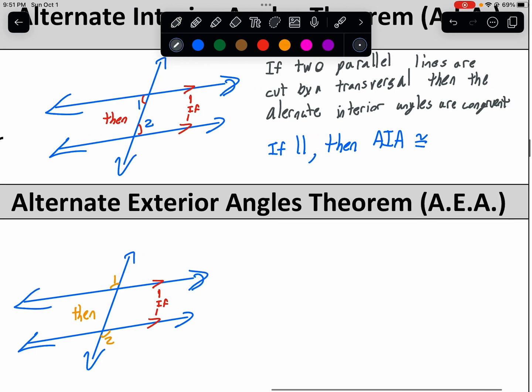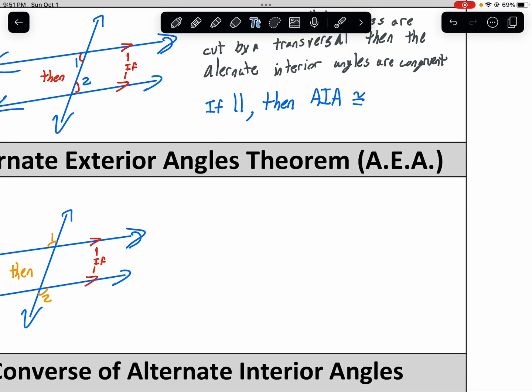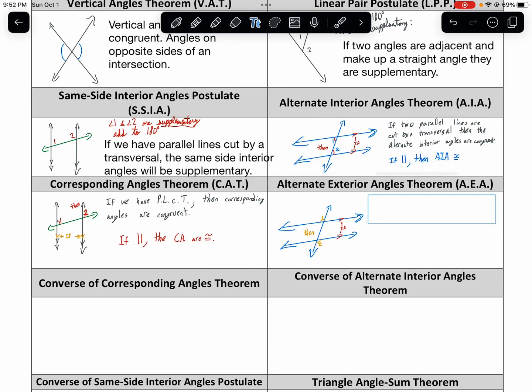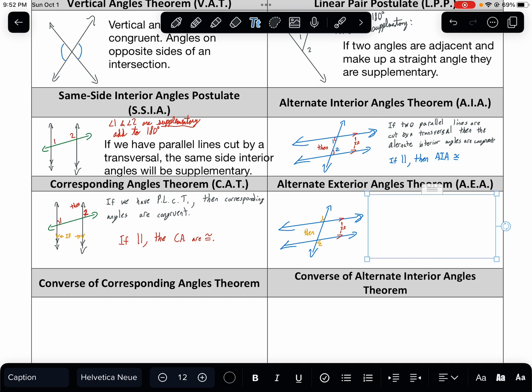Let's go ahead and write out this statement. This time I'm going to type it up. Let's see if I can pull up the typing instrument here. There we go. If we have PLCT, parallel lines cut by a transversal, then alternate interior, or exterior this time, angles are congruent.